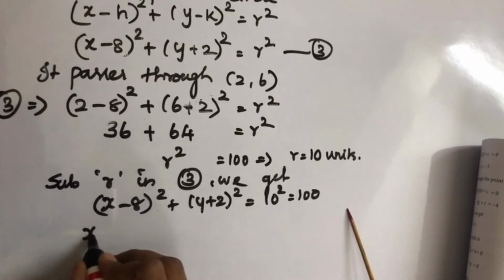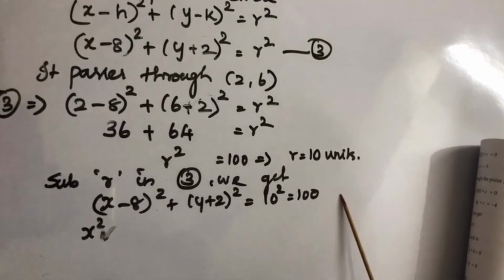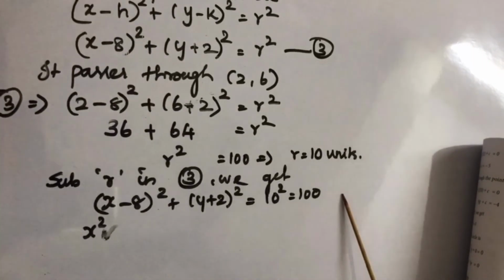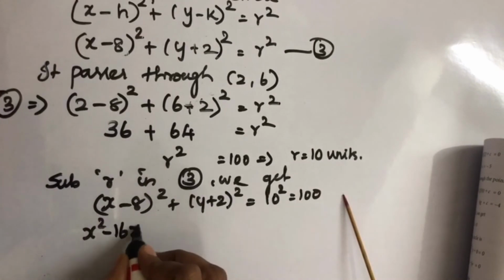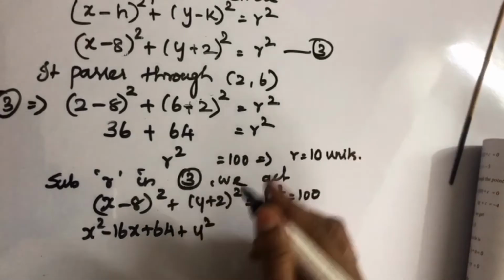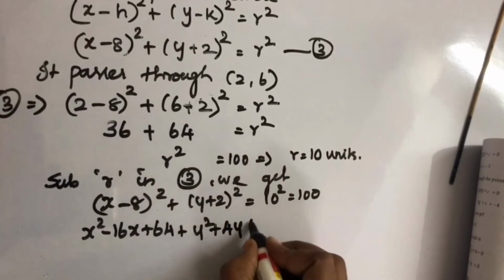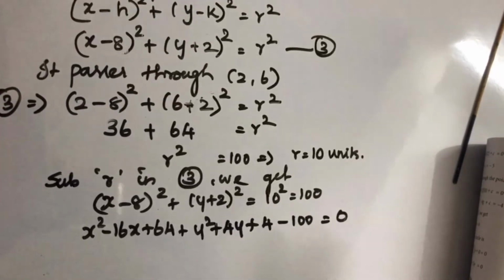So, x square minus 16x plus 64 plus y square plus 4y plus 4 minus 100 is equal to 0.